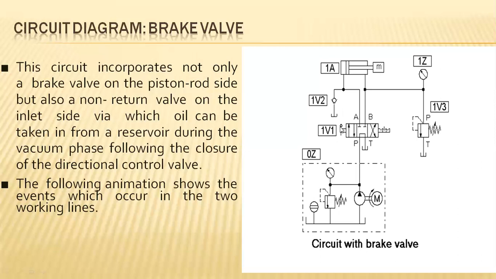If the lever is operated to the second condition, in the second condition this port 1 will be connected to port 3, and hence fluid enters for the return stroke. Here also we maintain the same conditions.